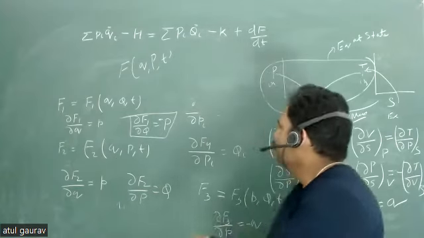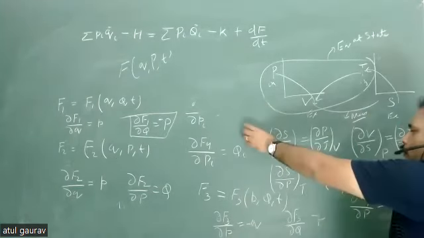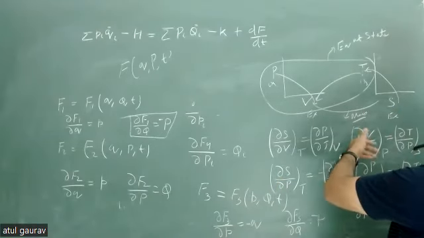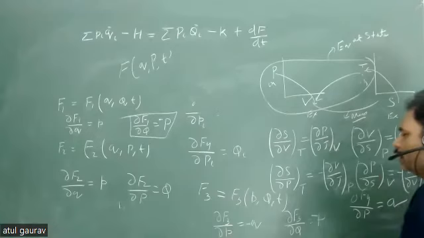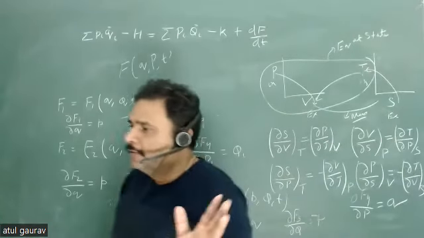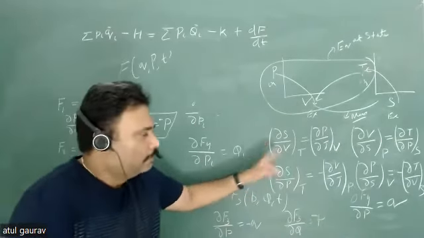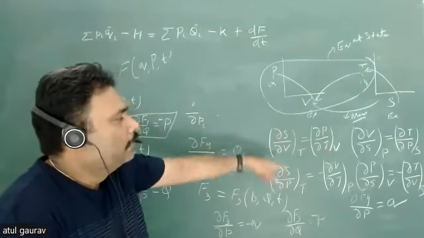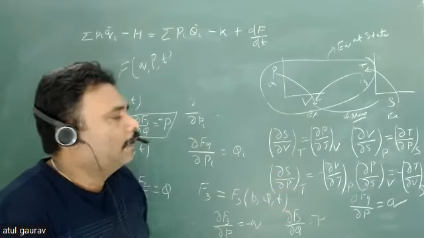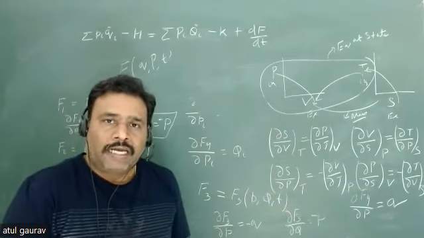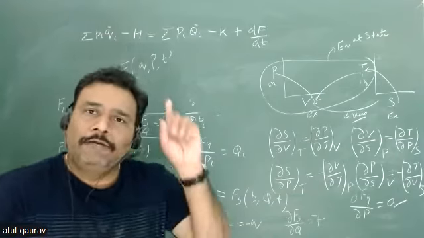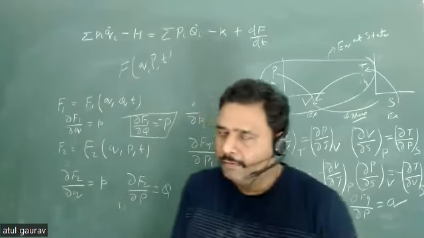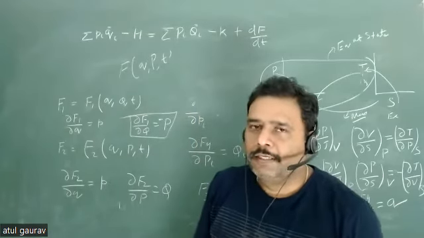You can search which one is derived from U, which from H, which from F, and which from G. Obviously, I don't remember which one derives from which, but yes, you can easily connect all four relations with the four different potentials. These four potentials are basically generating functions.